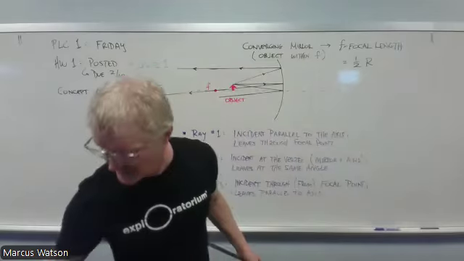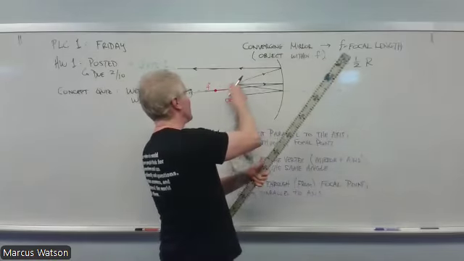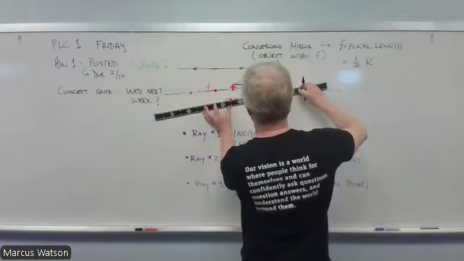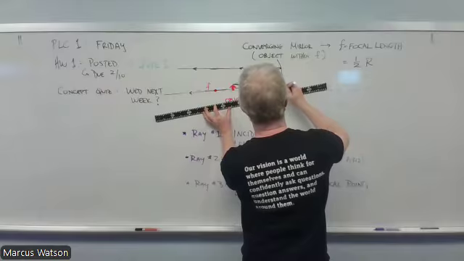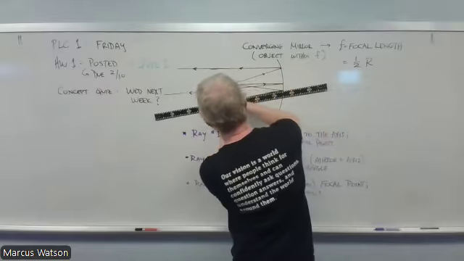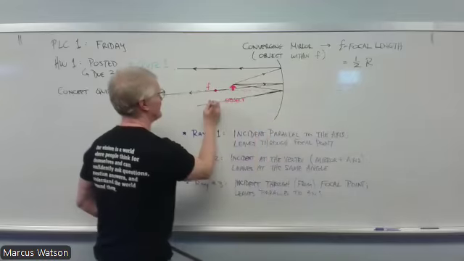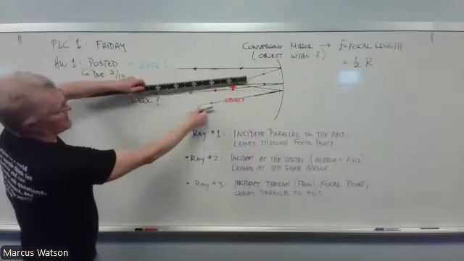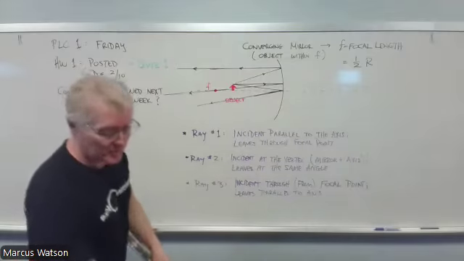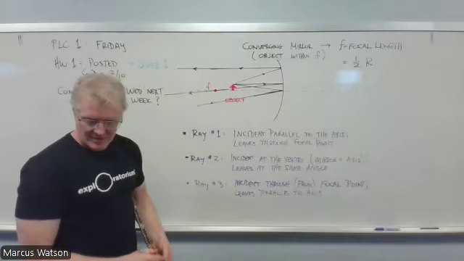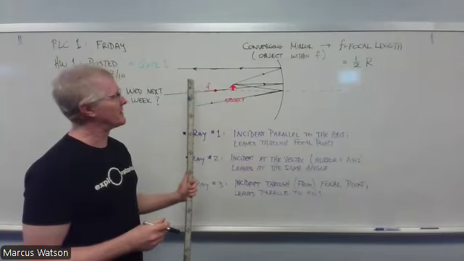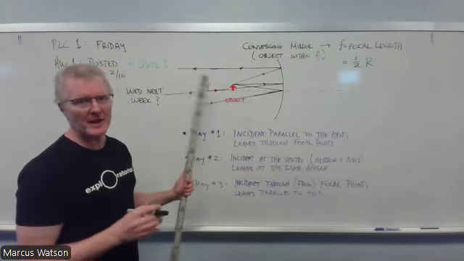Well, my meter stick tipped as I was drawing that one. Let's try that again. It's going in, coming out, going like that. There we go. Something like that. Again, this one and this one are diverging away from each other. So the converging mirror converges for some of the time. But if the object is within the focal point, we have a problem.